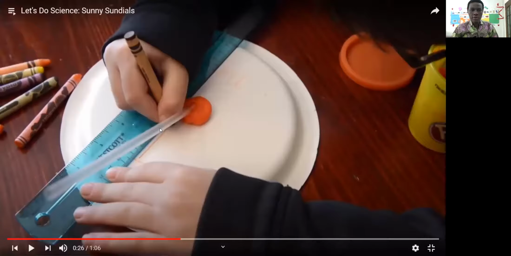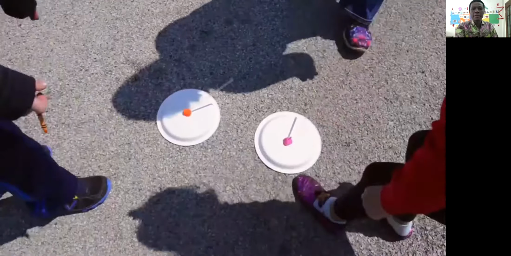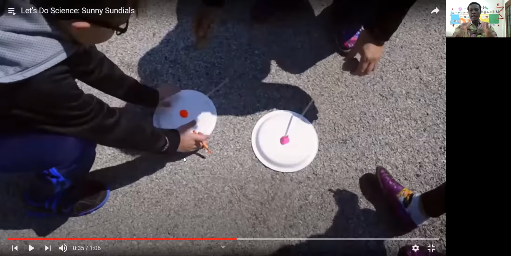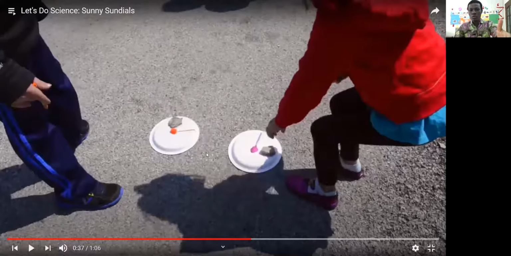Let's go on. Then you go outside and place it, but you need the sun. It should be a sunny day with a clear shadow, as you can see. Just place it outside. They put this stone so that the wind will not blow it away.